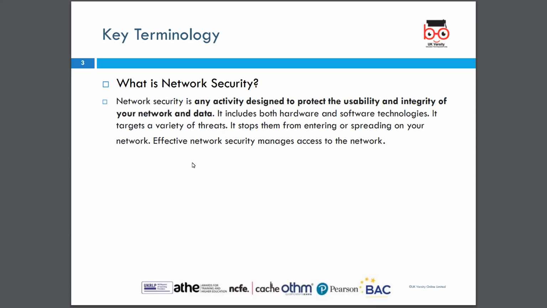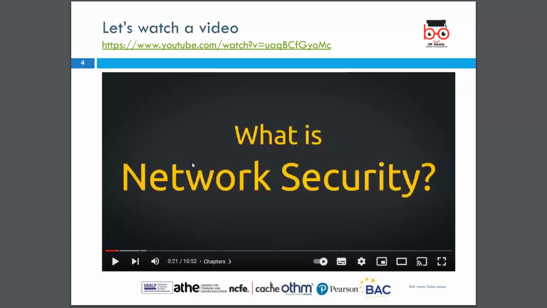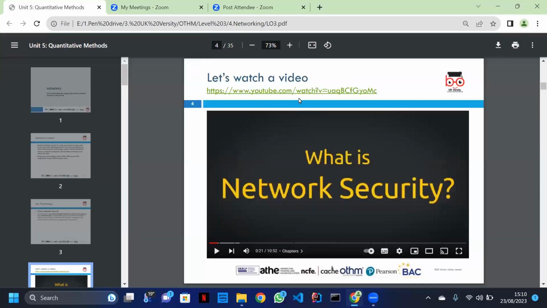It will target a variety of threats. It stops them from entering or spreading on your network, affecting network security, and manages access to the network. So let's watch this video, which gives us a quick understanding.